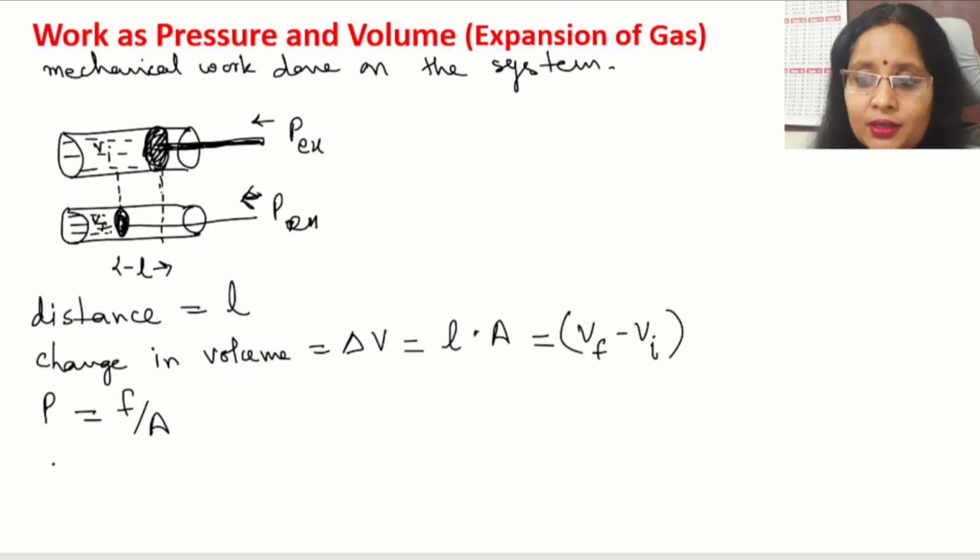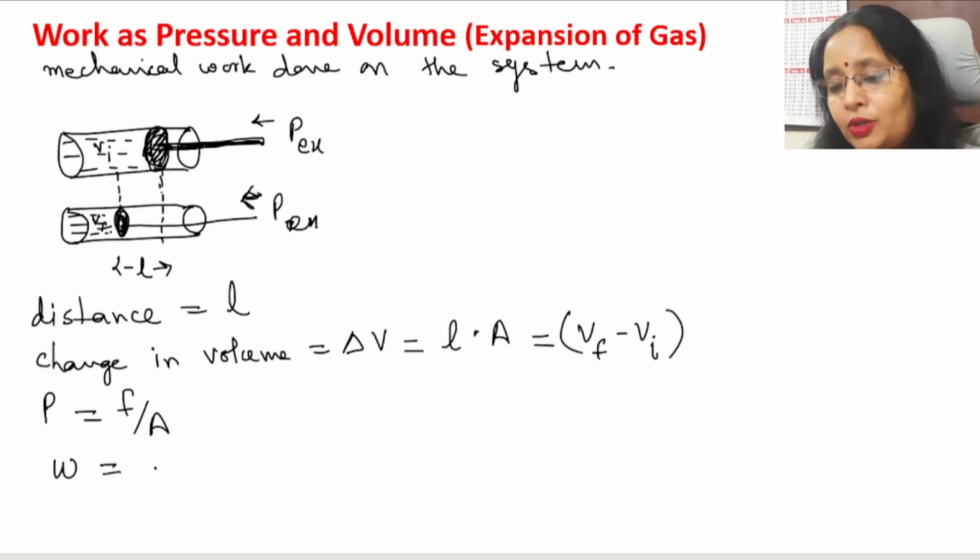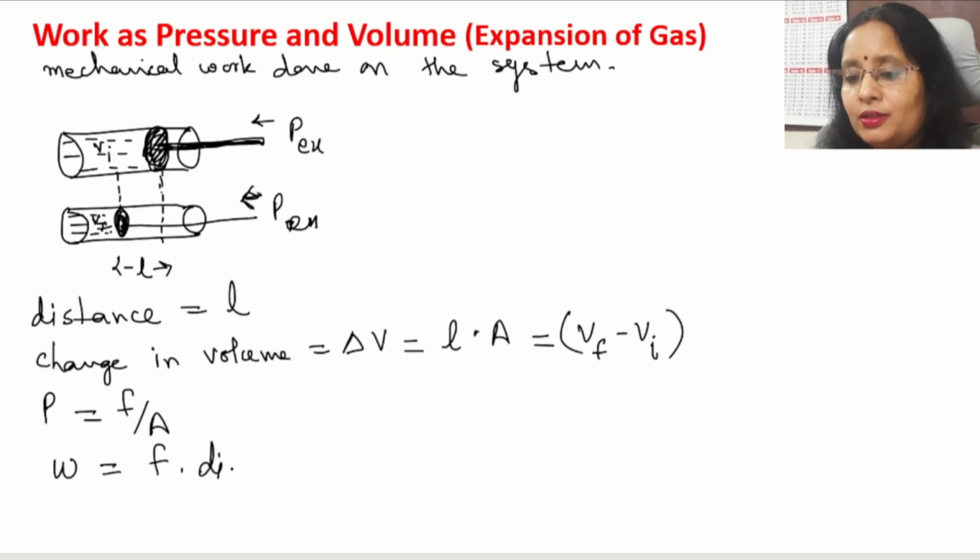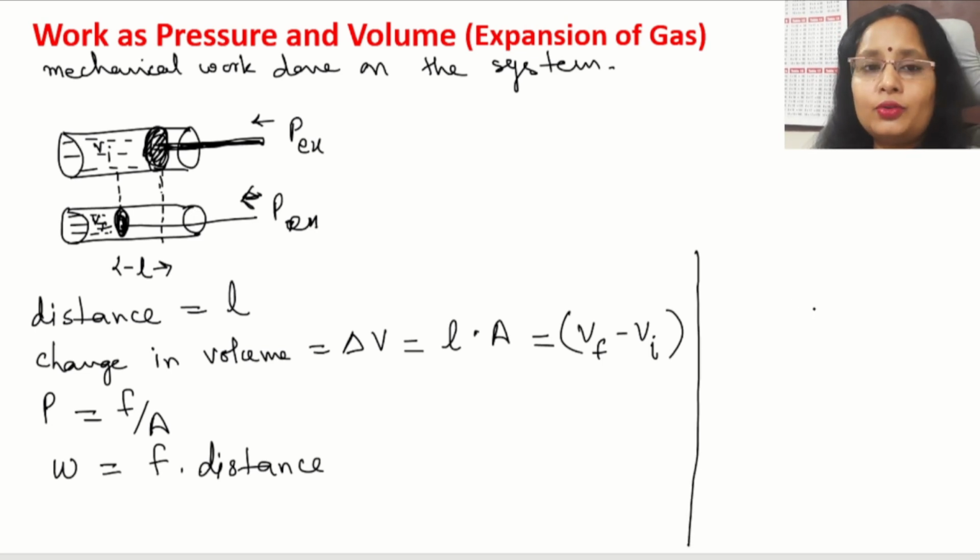When work is done on the system by moving the piston, the work will be equal to force into distance, not length. We already studied this in the lower classes. W is equal to F into distance, or L.